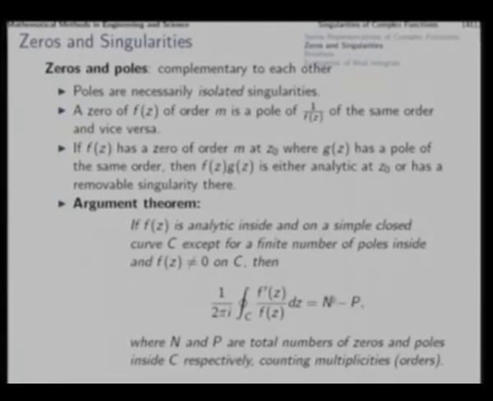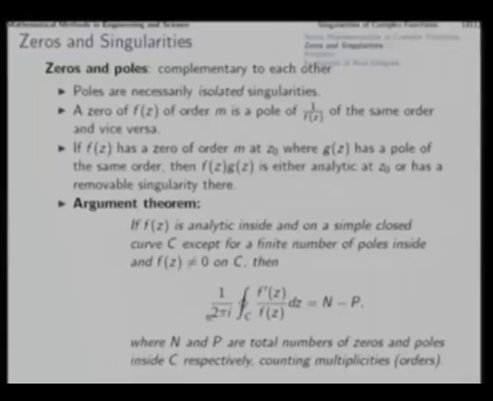Okay. So, if the number of zeros and number of poles are represented as n and p, then the difference of total number of zeros minus total number of poles is given by this integral.